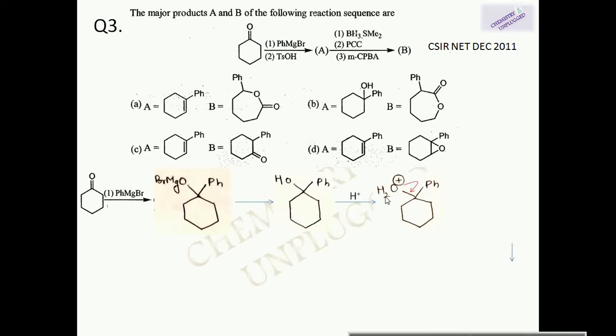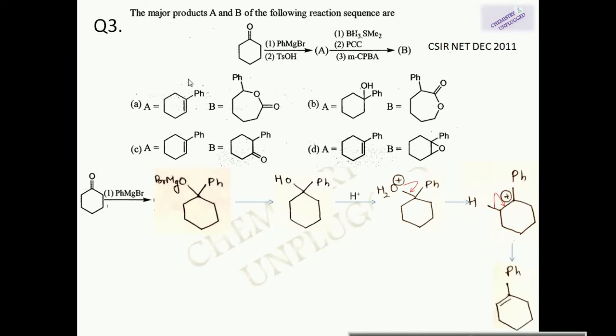H2O is a good leaving group. It will be removed from this compound, and we have a carbocation, this plus charge on this carbon. So this bond will shift its electron to here to form a double bond, because it is a carbon atom which is electron deficient. So we have an alkene group here.